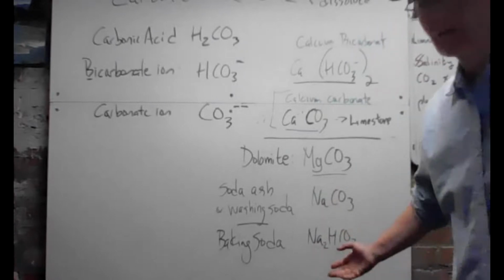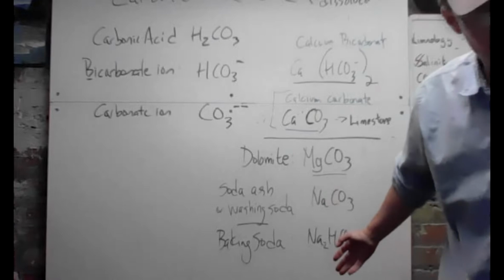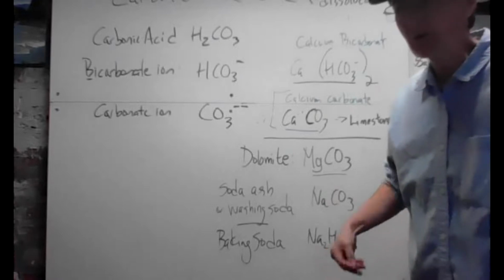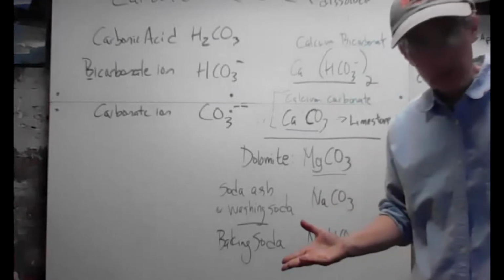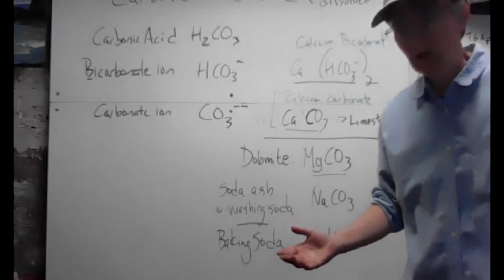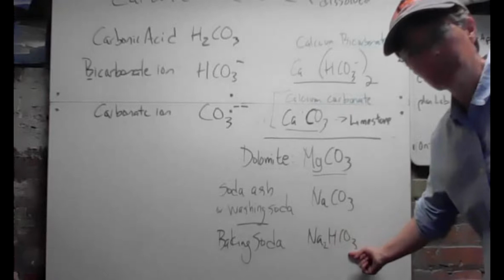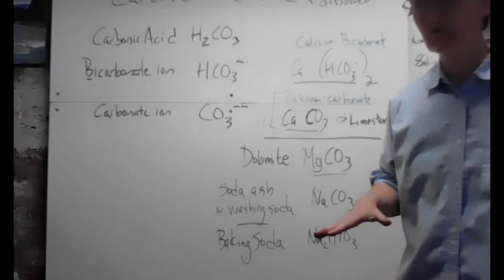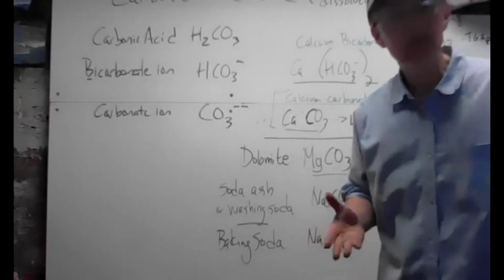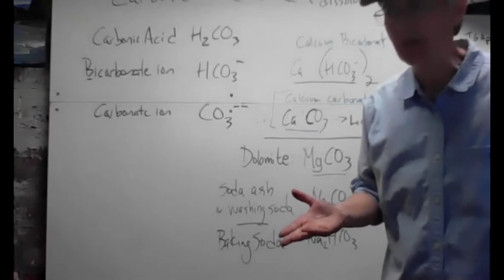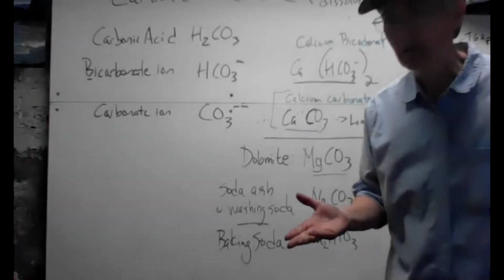You take baking soda, you add an acid to it, and then the carbon dioxide gets released. Now it doesn't take a very strong acid. I think that egg white is slightly acidic, right?